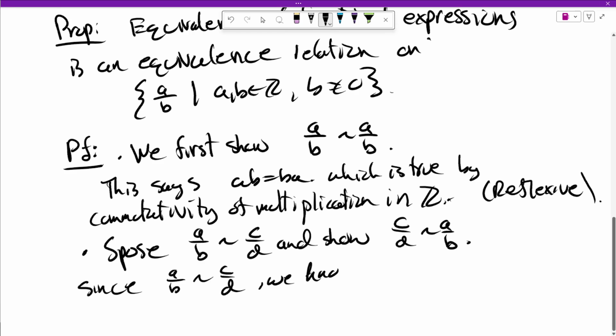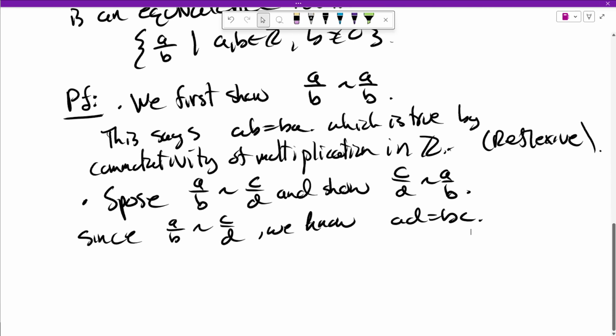When we write that, we're saying that we know that AD is BC. What do we want to show? We want to show CB is DA. Oops, it's the wrong order here, because that's what our conclusion is saying.